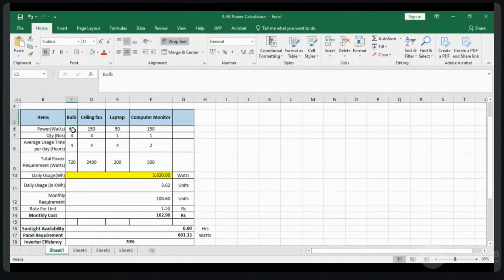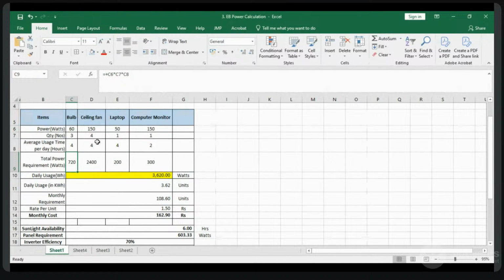Suppose we have taken the bulb at 60 watt, ceiling fan at 150 watt, laptop at 50 watt, and monitor at 150 watt. Suppose we have taken a quantity of three bulbs in a domestic application, 4 fans, 1 laptop charging, and 1 monitor. The bulbs' usage is generally 4 hours, so the total watt required per day is 750 watt.